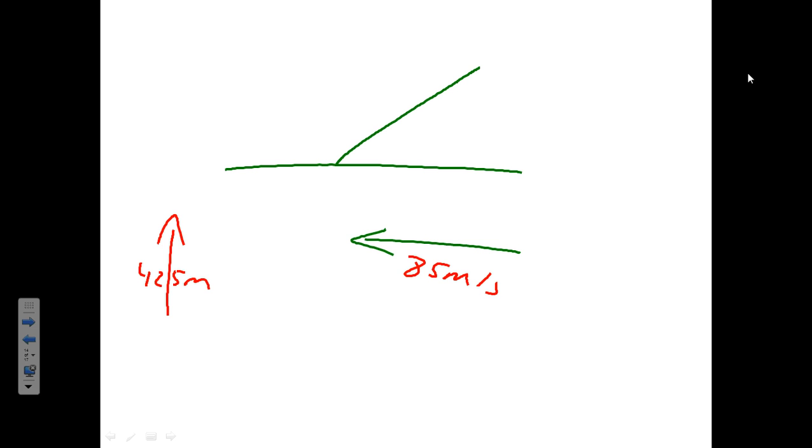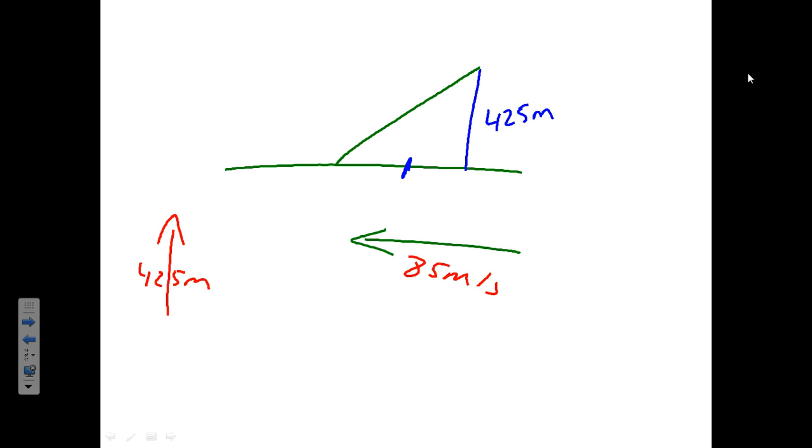The big piece of logic that you got to make here is that if we break his initial velocity into components, what do we want this component right here to end up being? 425, right? We want him to end up with that. And what does this component right here have to end up being? 85 to the east, so it cancels out what?